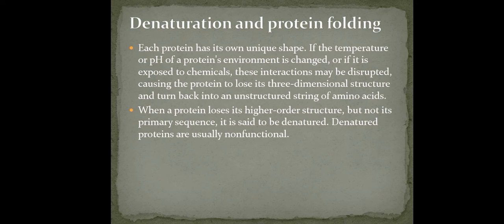Another point is the demonstration of protein folding. Each protein has its own unique shape. If the temperature or pH of a protein's environment is changed, or if it is exposed to chemicals, these interactions may be disrupted, causing the protein to lose its three-dimensional structure and turn back into an unstructured string of amino acids.